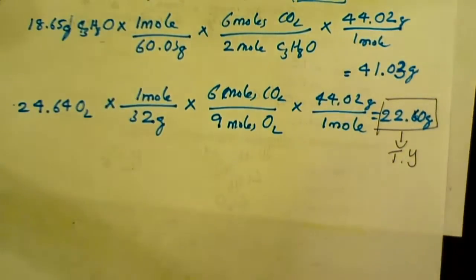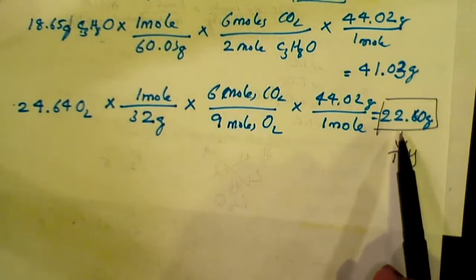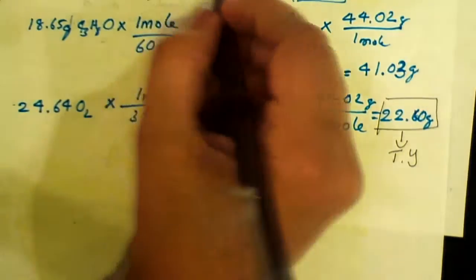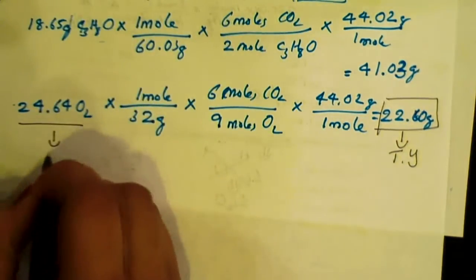It is 22.60 grams. So the least amount of carbon dioxide formed will be the theoretical yield.